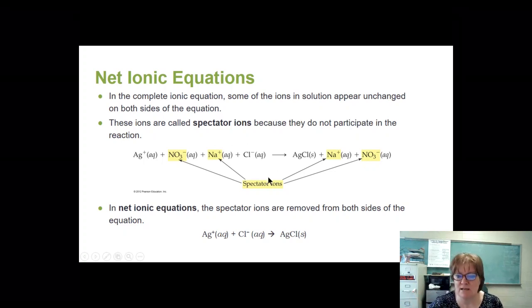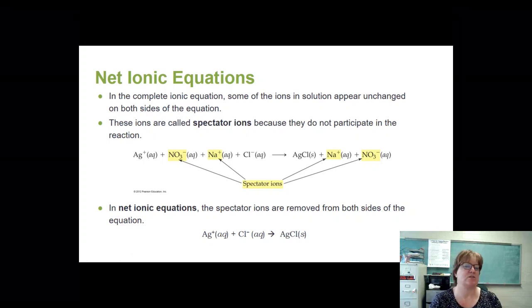And when I have spectator ions, I can cancel them out and rewrite it without them. I can remove them from the equation to clarify what's really happening here: the silver ion, after it dissociated from the silver nitrate, and the chloride ion, after it dissociated from the sodium chloride, find each other and make a precipitate, the silver chloride solid.